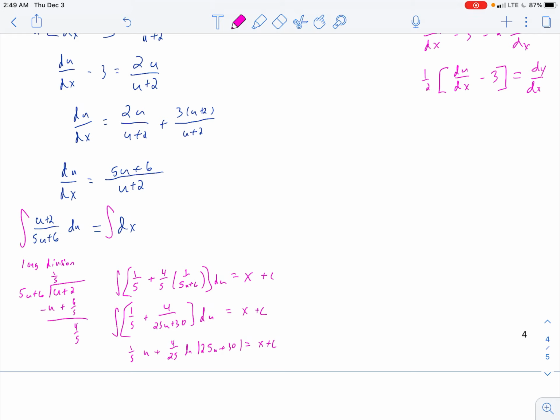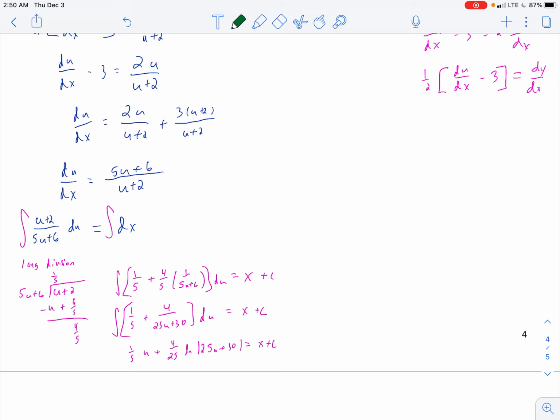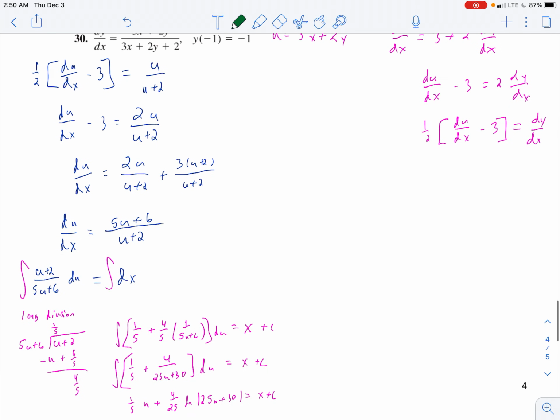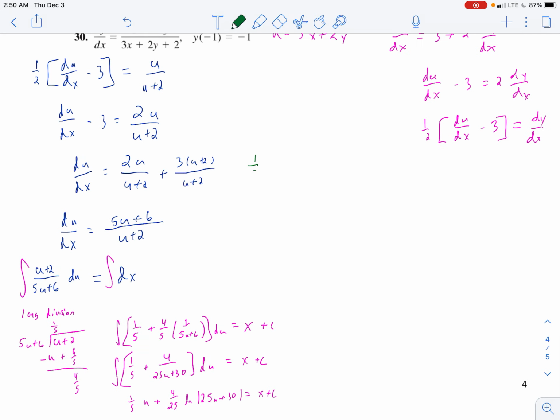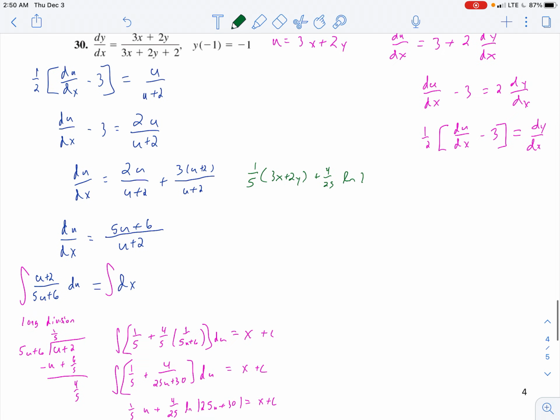I took the integral, and now I've got rid of my differentials, and so now I'm going to replace everything with what u is, and we said u was 3x + 2y, so then I'm going to get 1/5 times (3x + 2y) plus 4/25 natural log of 25 times u, which is going to be, let's go ahead and multiply that. 25 times 3 is 75x.